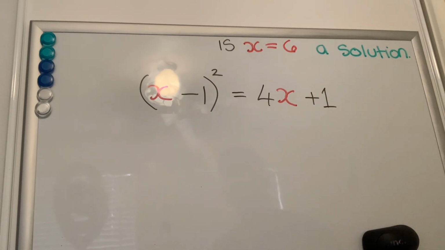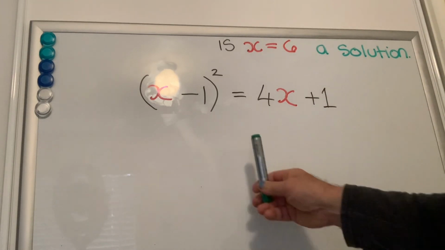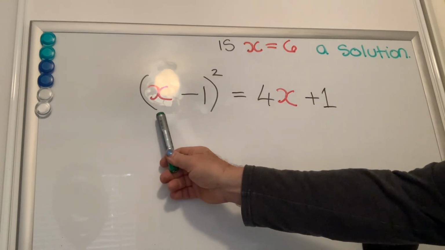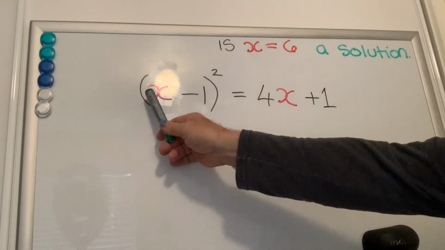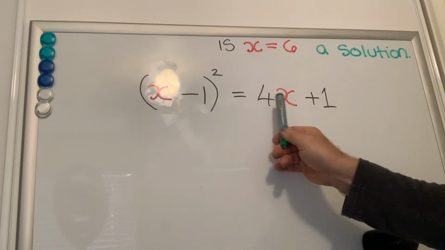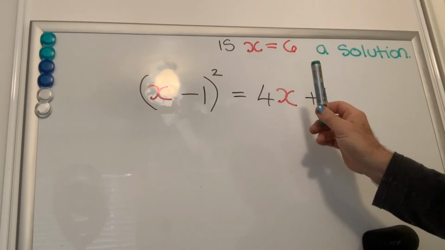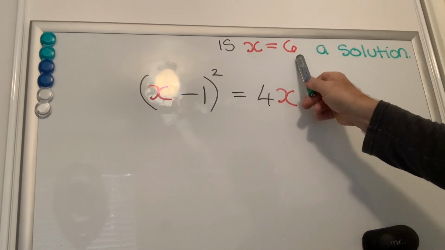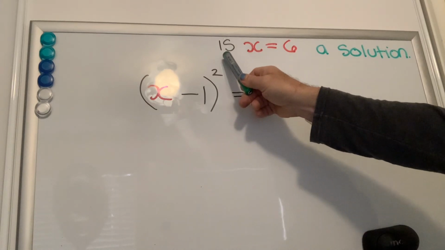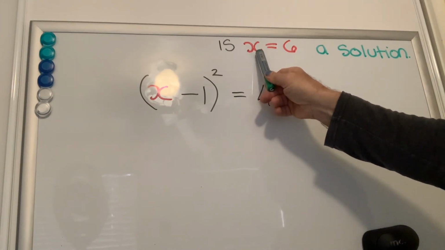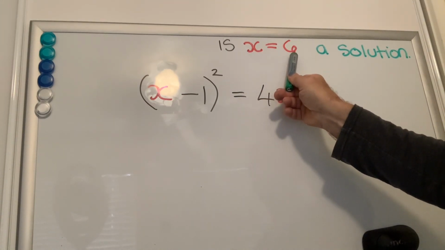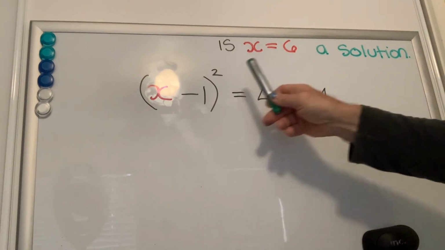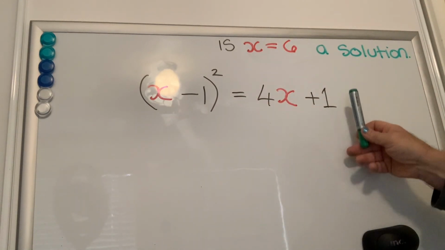Today we're looking at linear equations. What I've got up here is a linear equation: (x minus 1) all squared equals 4x plus 1. I've nominated the value of 6 for x, and I want to see whether, when we apply x as the value of 6, this equation is a solution.